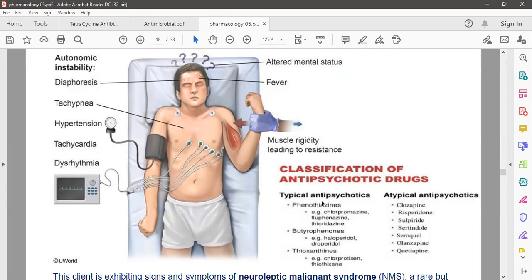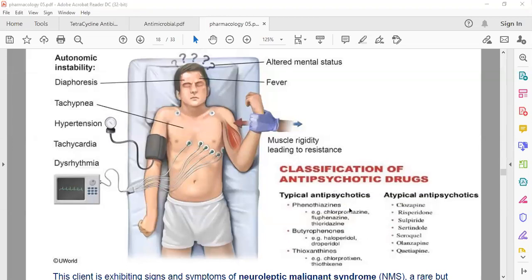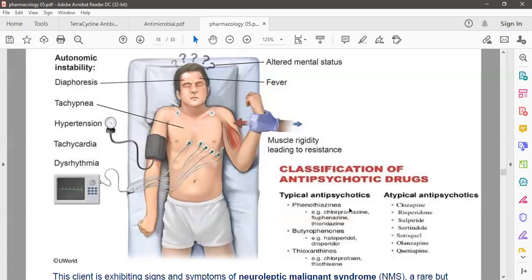Typical antipsychotics are also called first generation antipsychotics or neuroleptics. They are able to produce neuroleptic syndrome, so they are called neuroleptics.